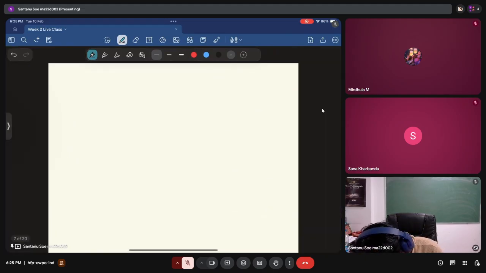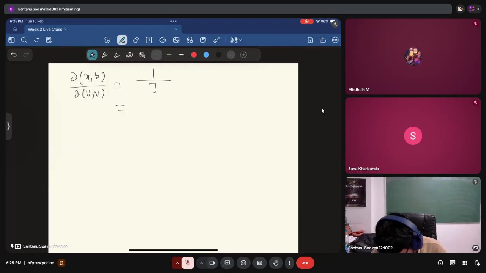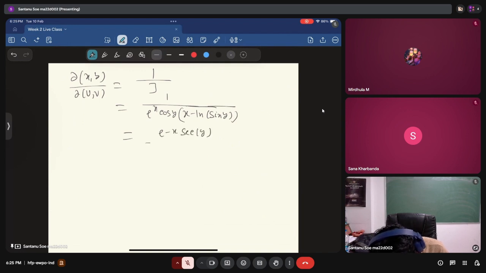So we can just replace this by the Jacobian. So del(x,y) divided by del(u,v) will be 1 over J. So this is going to be 1 over e to the power x cos y into (x minus ln of sin y).